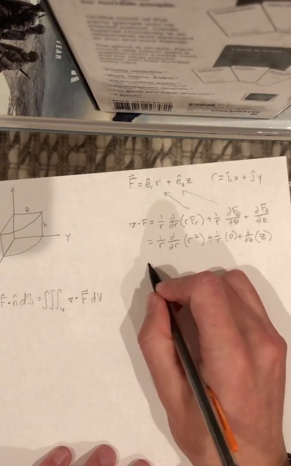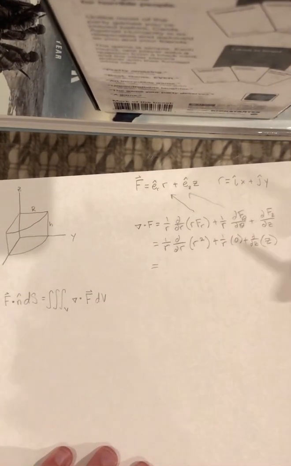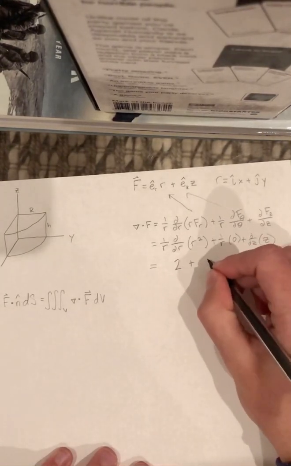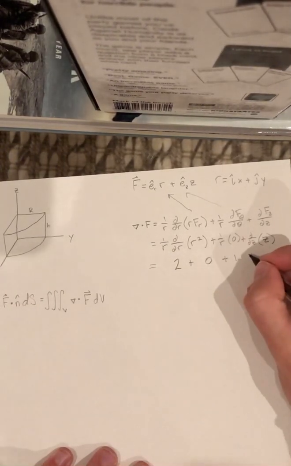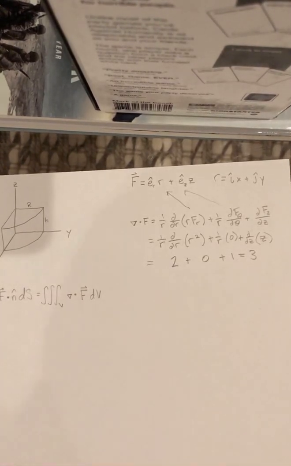And this is going to simplify out. When we differentiate this, we're going to have 2r divided by r, it's just 2. So we'll have 2 plus 0 plus the derivative of z with respect to z, which is obviously 1. So we'll have 1. This is, again, going to be 3.